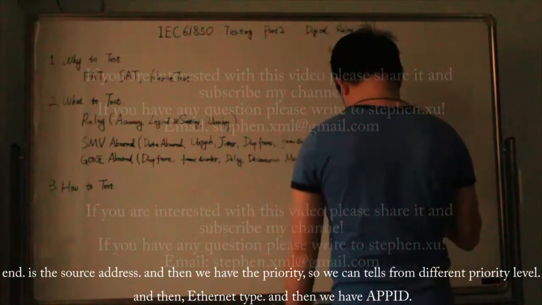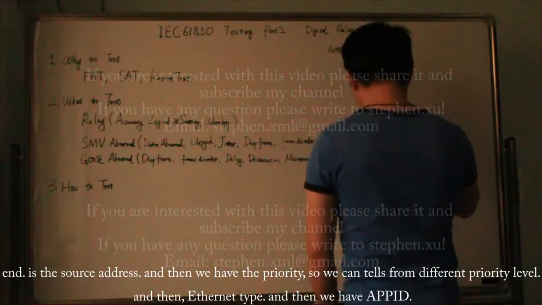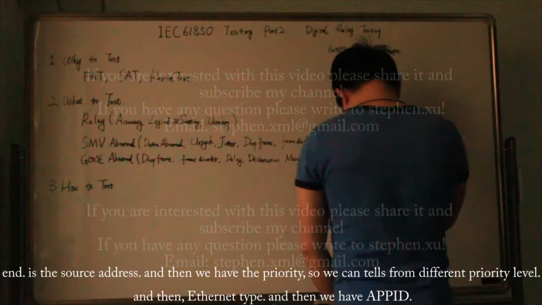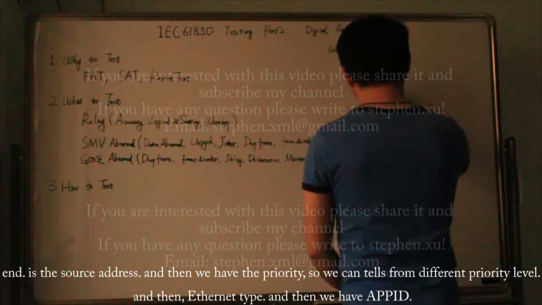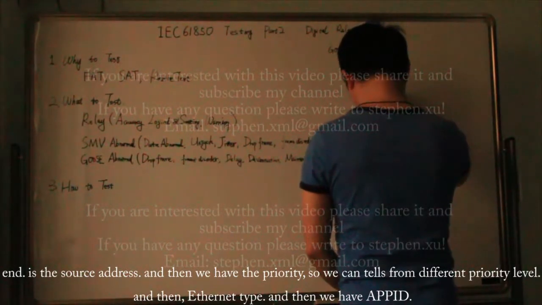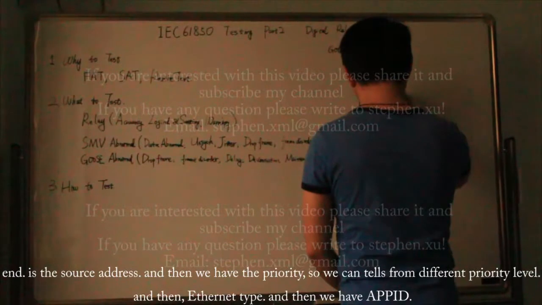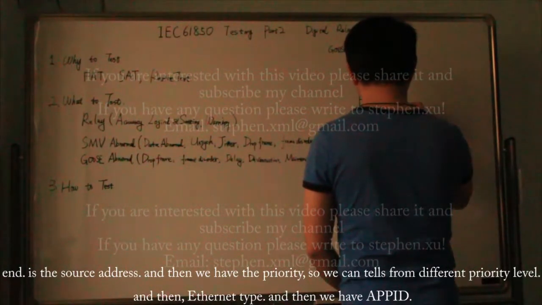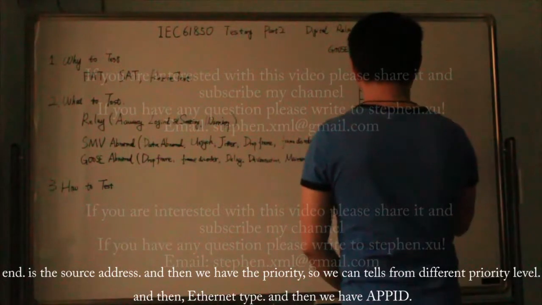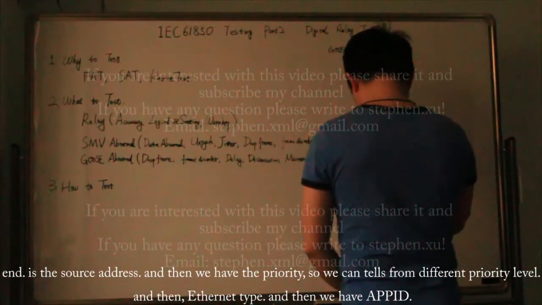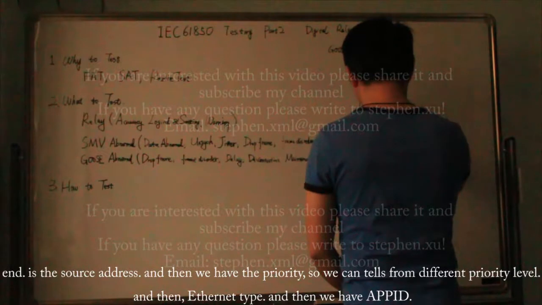And then we have the priority, so we can tell the different priority levels. And we have the Ethernet type.